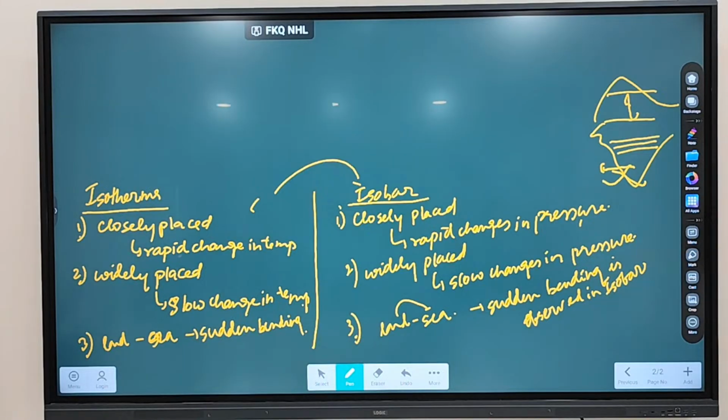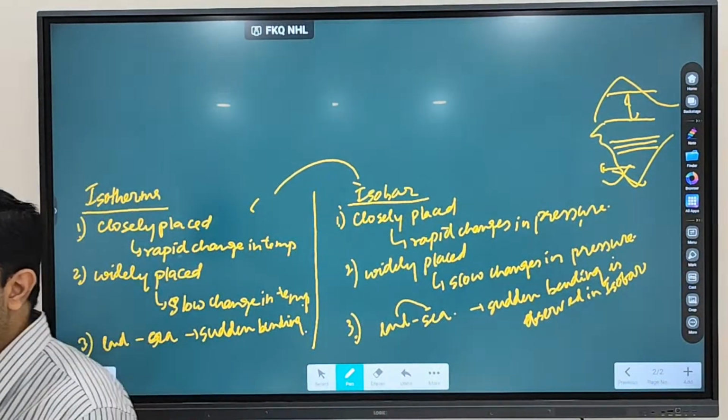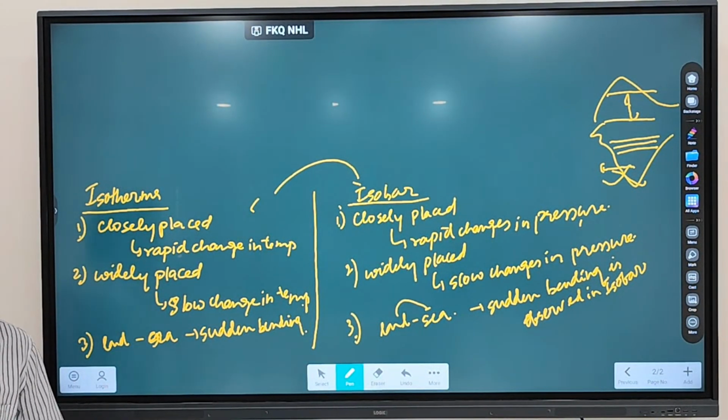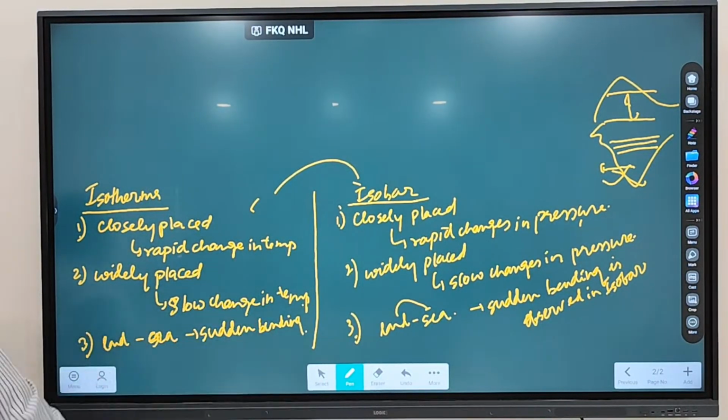These are the properties of isobar. So what is isobar? It is a line connecting places with equal pressure, and you'll have closely placed, widely placed, as well as land-sea differentiation.